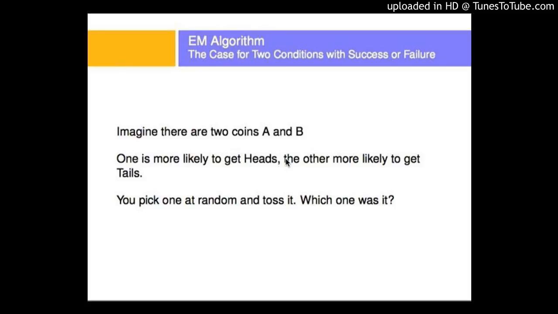The thing is, if I pick a coin at random and I toss it, which coin was it? How can I know? Say I toss one coin several times, and it gives me a certain percentage of heads and a certain percentage of tails. Can I know whether this was coin A or coin B?